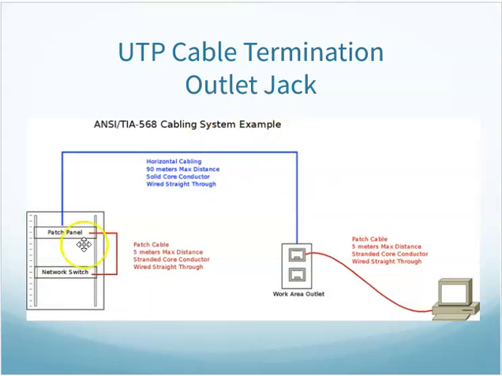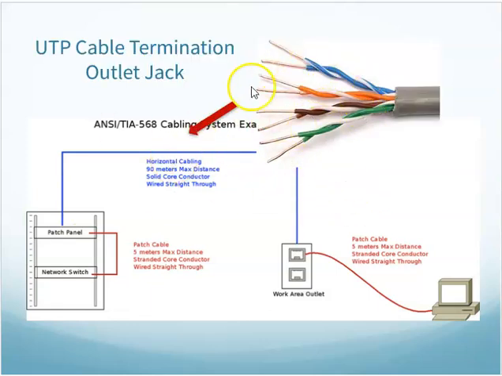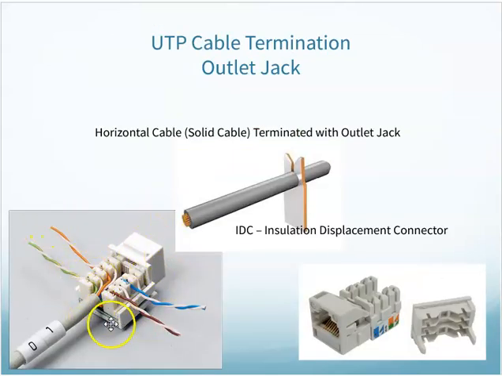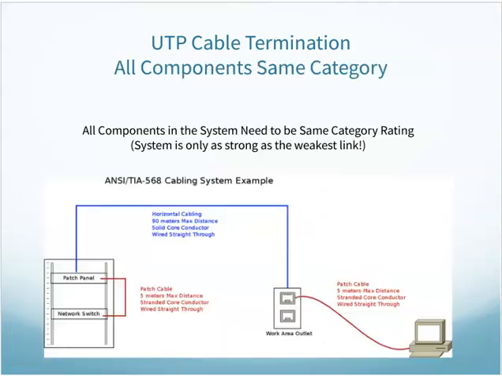As far as the horizontal cabling, that is solid wire, the solid conductor wire. That is typically terminated into an outlet jack like so. I punch it in, and inside that outlet jack there's a little metal V that the wire is punched into. The metal V cuts the insulation on the outside to make contact with the copper wire on the inside.